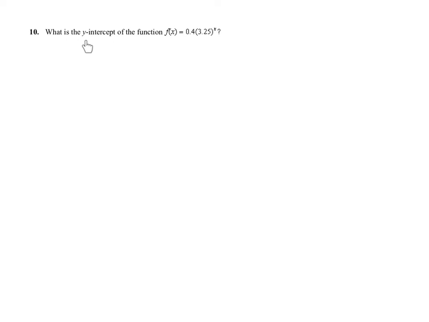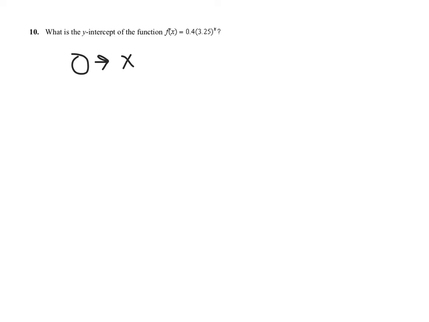What is the y-intercept of the function f of x equals 0.4 times 3.25 raised to the x? This is an exponential function because the x is in the exponent. So if I want to know what the y-intercept is, I need to plug in a 0 wherever the x is at.